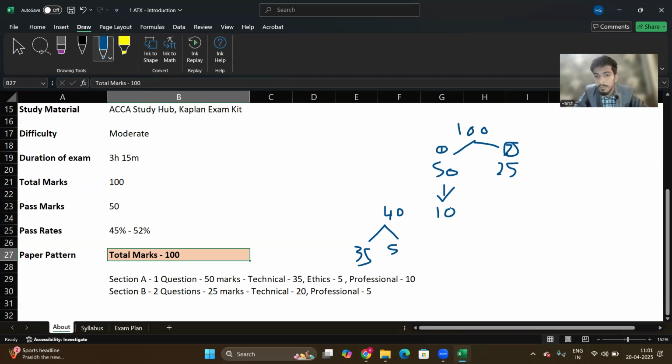Okay, they like it very well when you draw a format out, right? At least for professional examinations, okay.